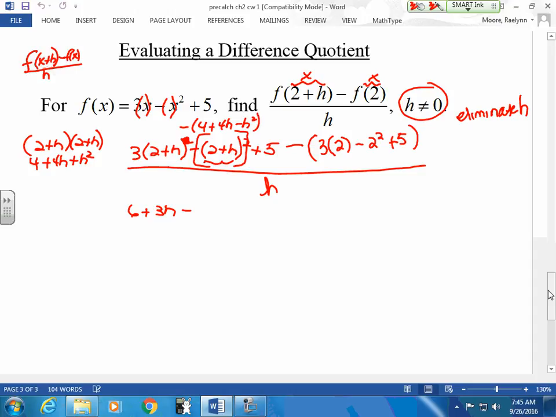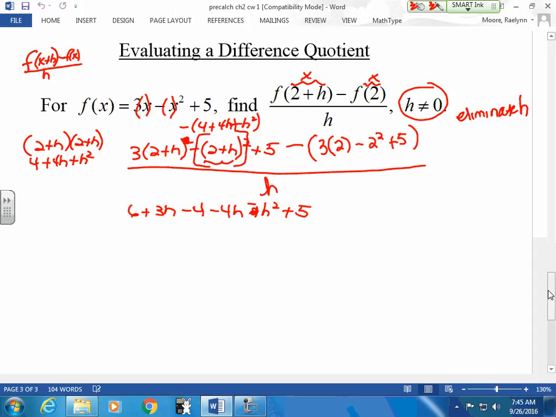With a subtract outside, distribute a negative 1, take the opposite signs, whichever one you like to call it. Whoops, I wrote the wrong thing. This is a negative. This was a positive over here. Sorry about that.